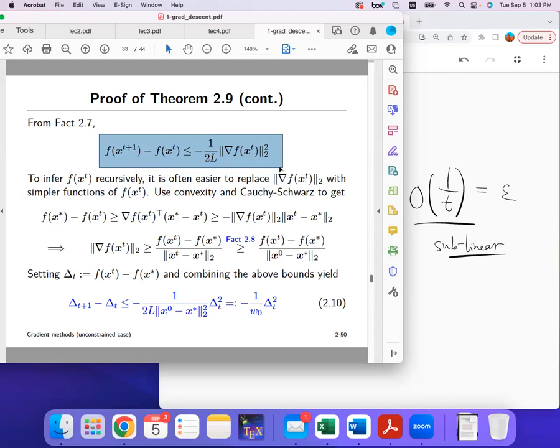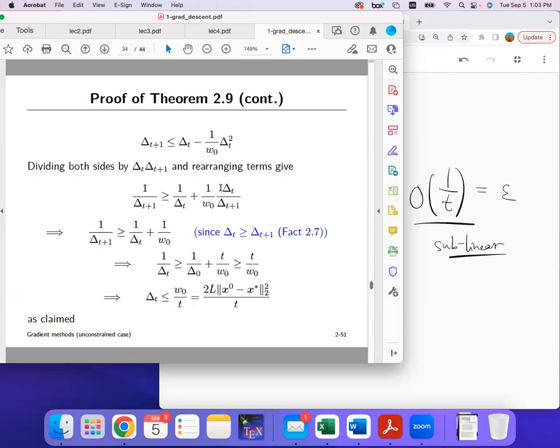And since delta t is decreasing, this ratio is bigger than 1, so it will be greater than or equal to 1. You can replace this by 1. This is greater than or equal to. Doing that, we get a simpler recursion.